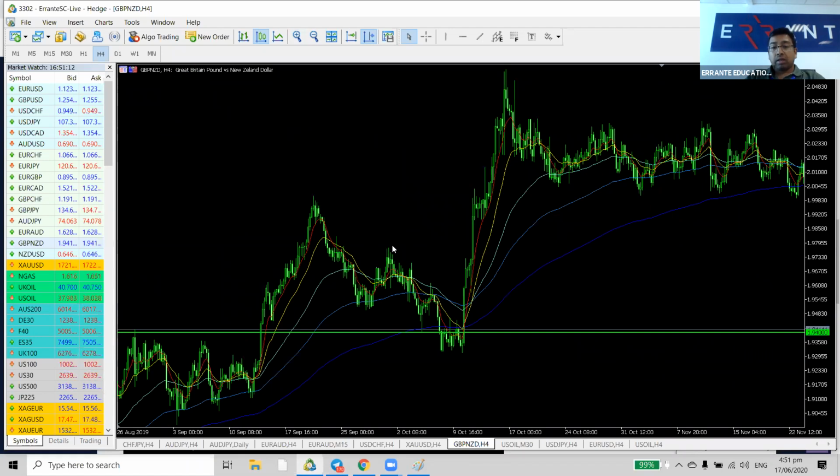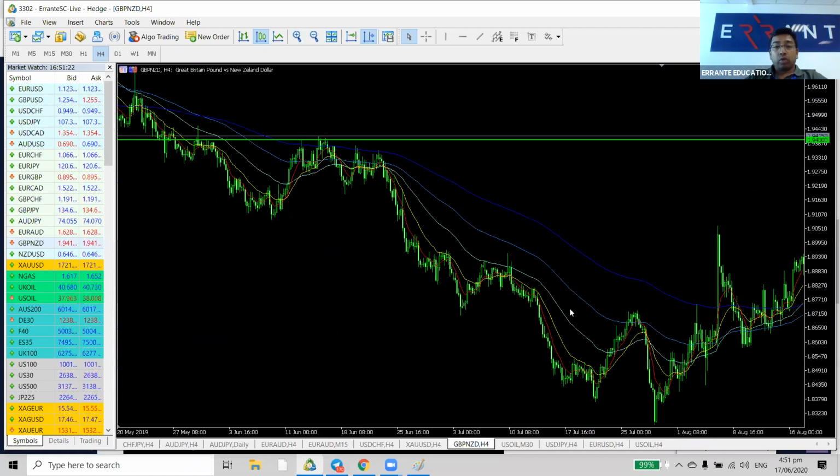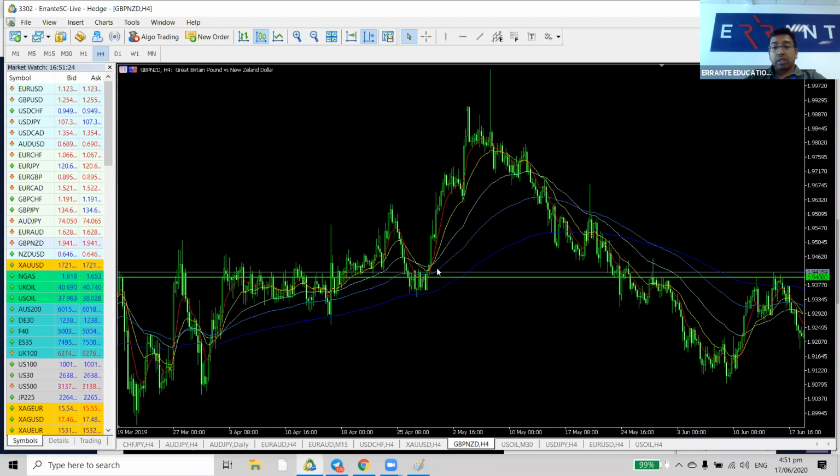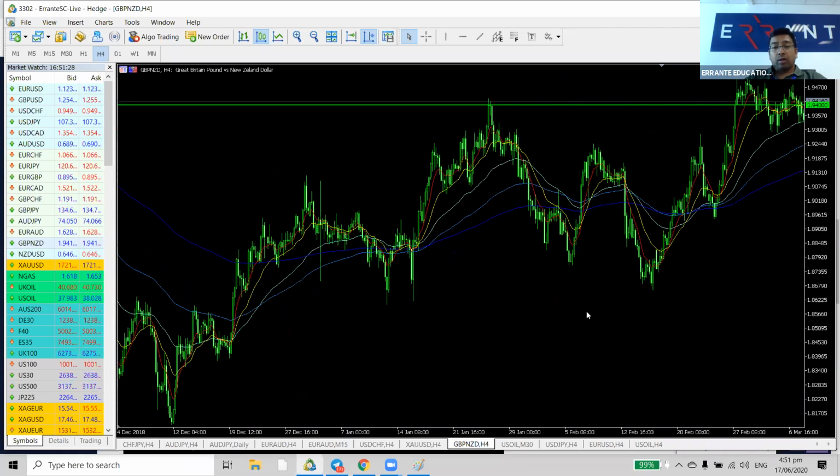Okay, so let's look at how strong it has bounced upwards onto that level. You can see that it's indeed a very strong level. It has bounced up with very strong bullish body of the candle. We call them mother candles. And if we go on to here, we can see that again you have got bullish candles right there.